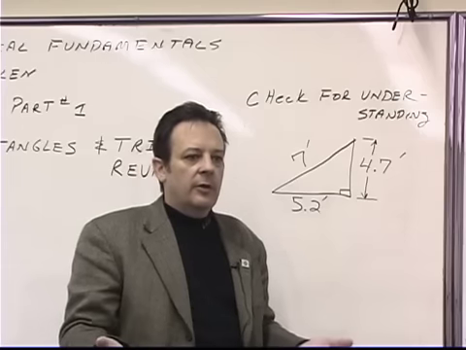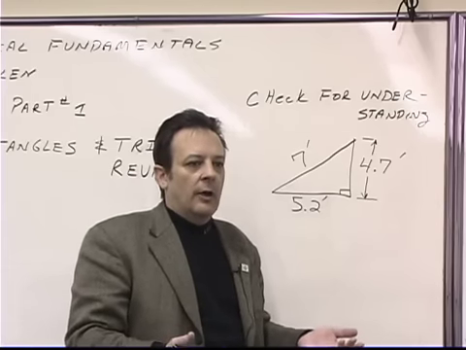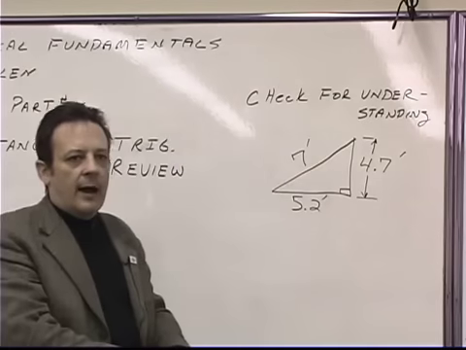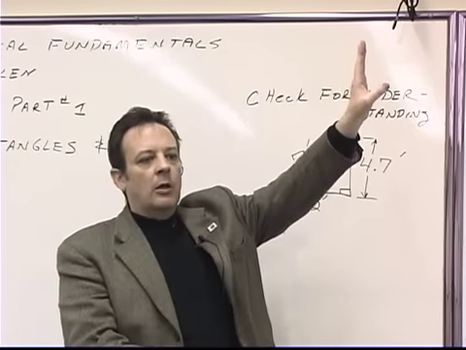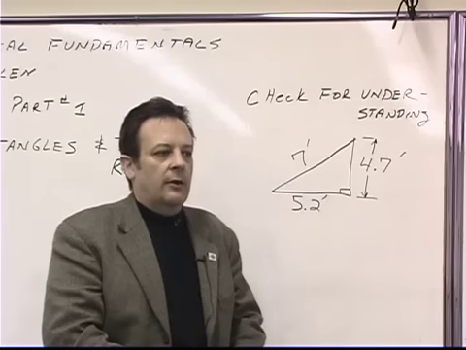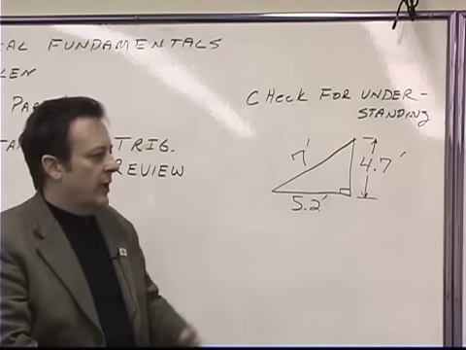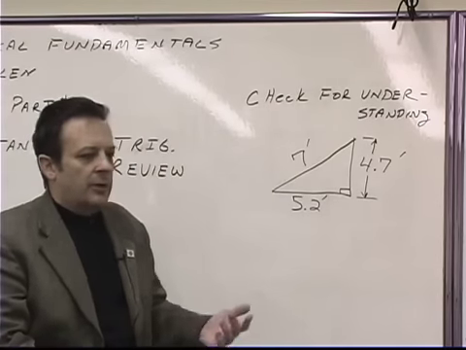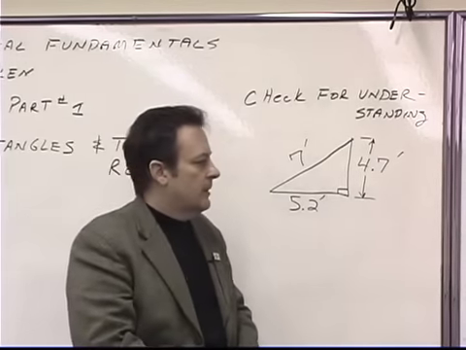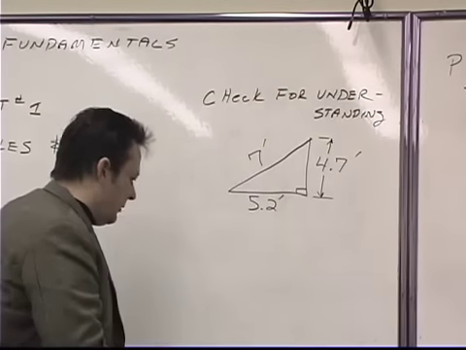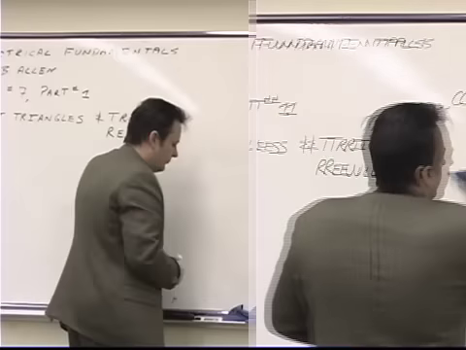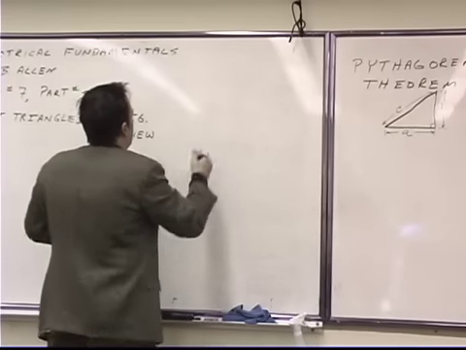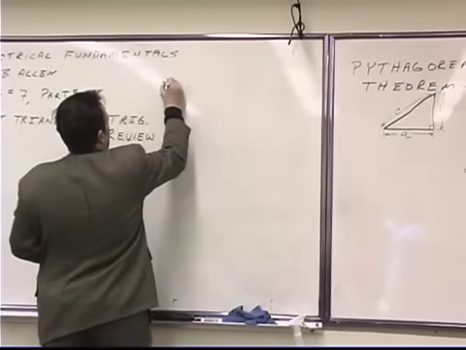And the Pythagorean theorem can be used to figure out how far you need to pull the ladder out or how high the ladder needs to be positioned up the wall in order to comply with the OSHA standards for ladders. That's just one example of a practical application for safety. Okay, let's go ahead and do one final example.